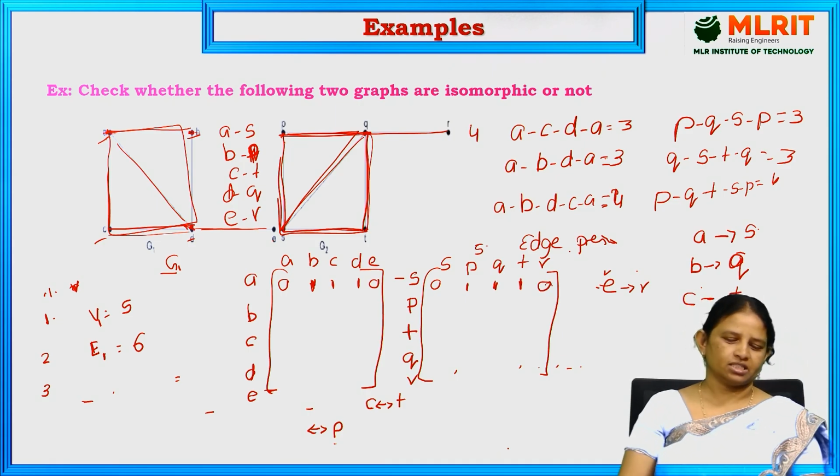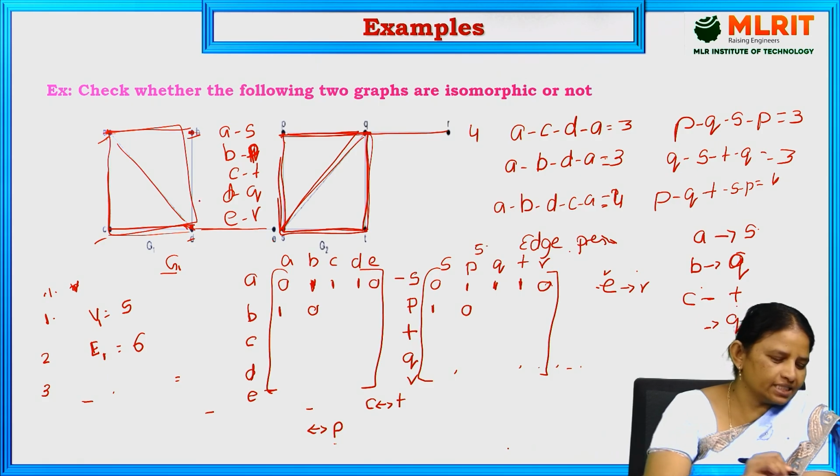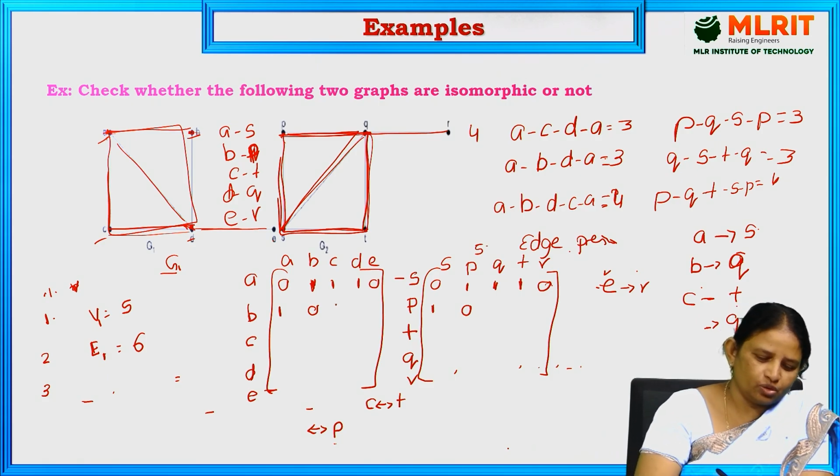Now coming to the second row, B. B to A, 1. Here also P to S, 1. B to B, 0. P to P is also 0. Then B to C, no edge, so 0.